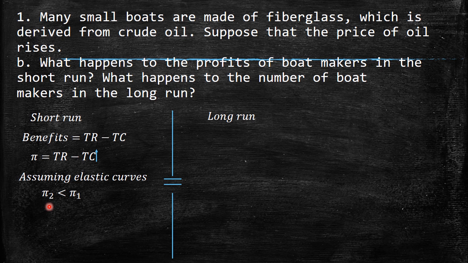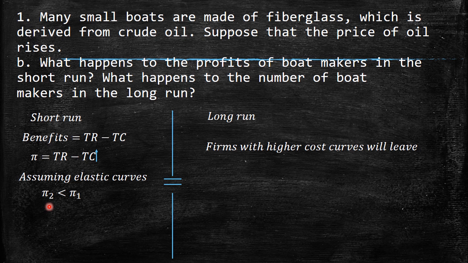Automatically, when we have lower benefits, just the companies that have better cost related, more efficient ways to produce, can still stay in the market. Otherwise, they need to leave.